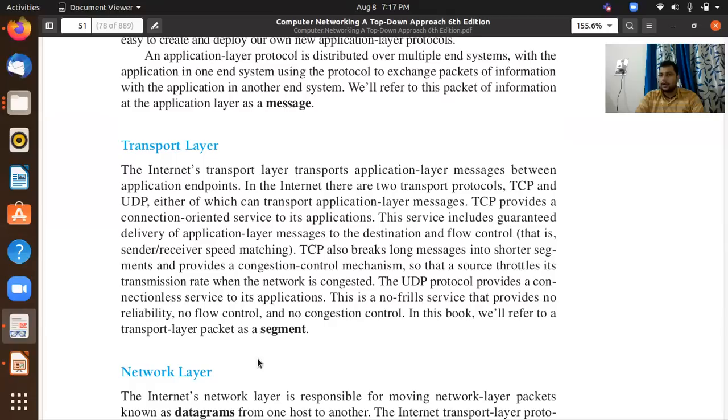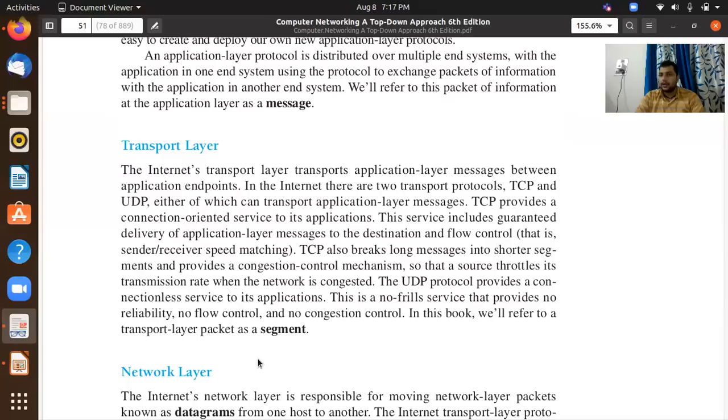Intermediate nodes only take part in transmitting or rerouting the message. They are not going to process it up to the application layer, because applications are running on end systems. Applications want to share the messages.